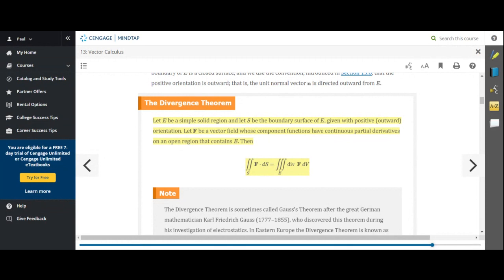The divergence of a vector field is going to be a function. So we're going to integrate that function across this solid E.